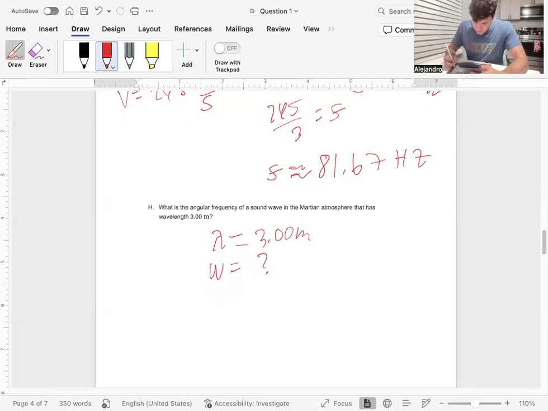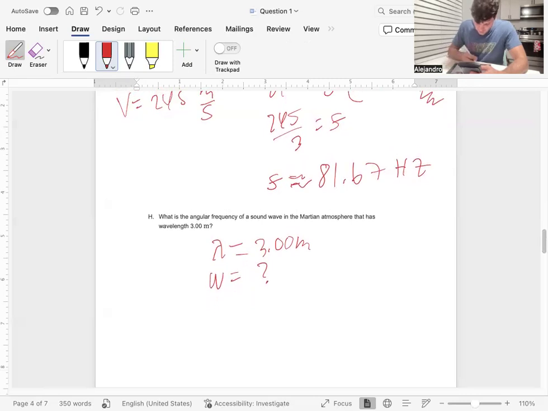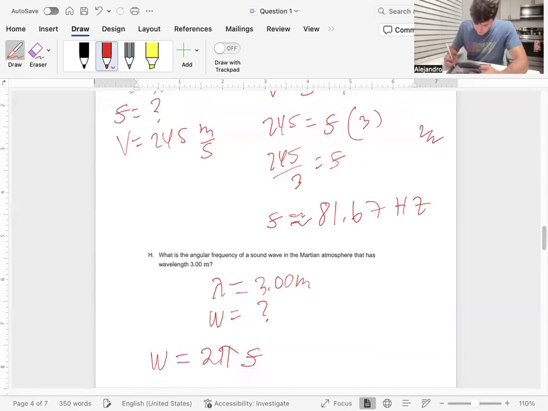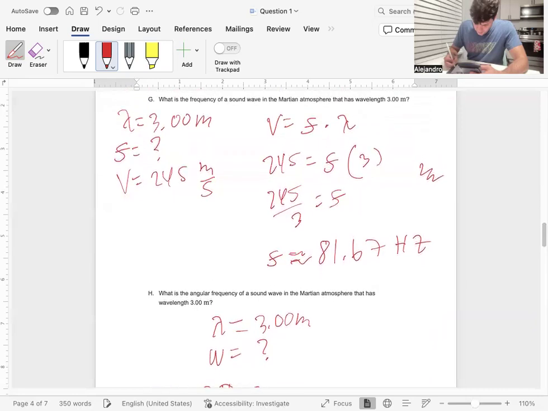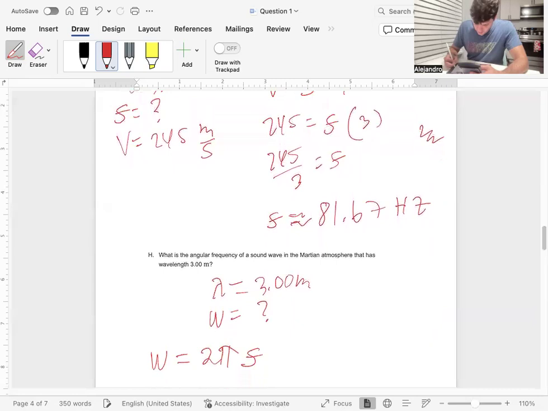There is a relationship between angular frequency and frequency. The angular frequency is 2π times frequency.